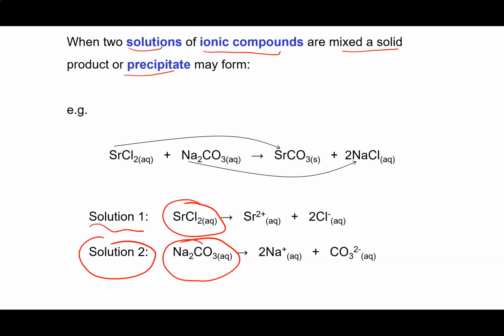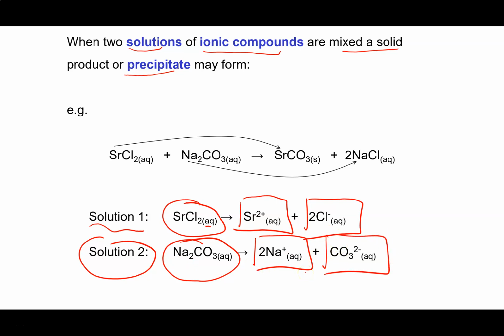Now, what we have to recognize is that the strontium chloride, because it's labeled as AQ, we know it's soluble. The solution is composed of strontium cations and chloride anions in a 1:2 ratio. The other solution is composed of sodium cations and carbonate anions in a 2:1 ratio.